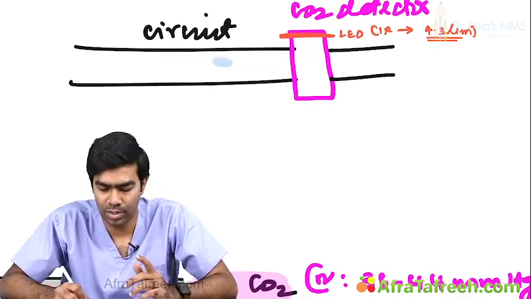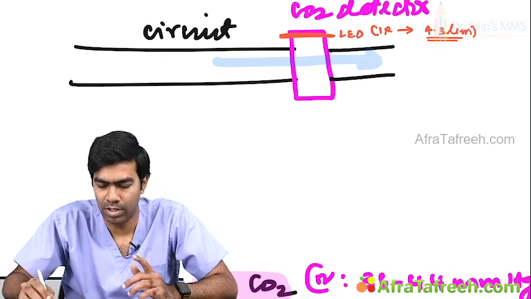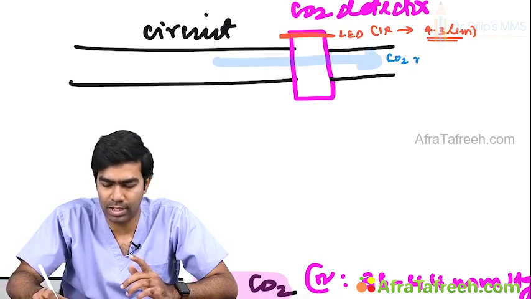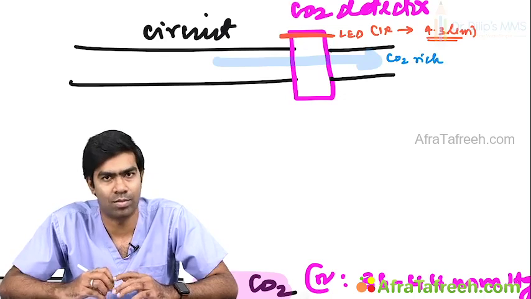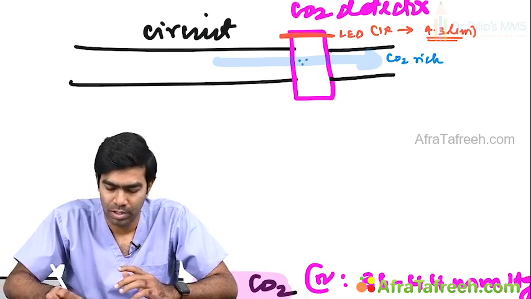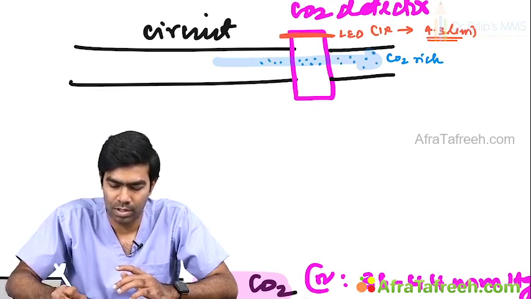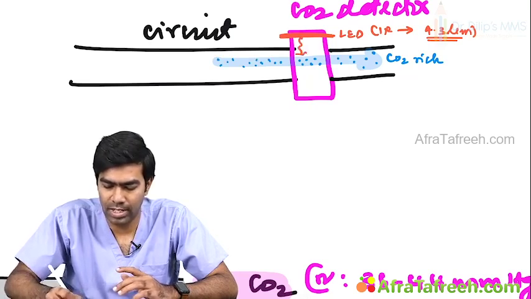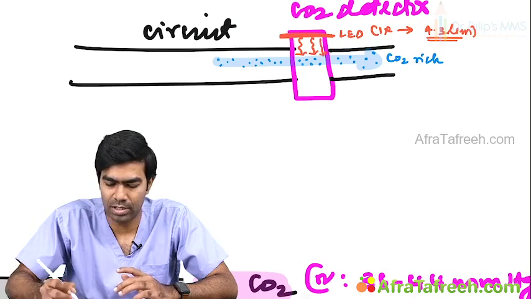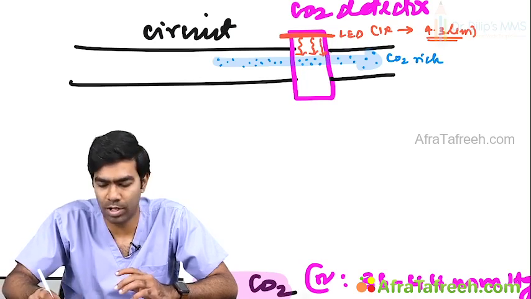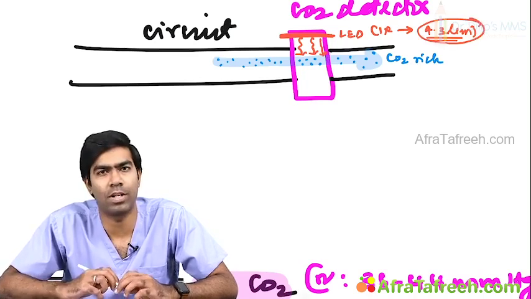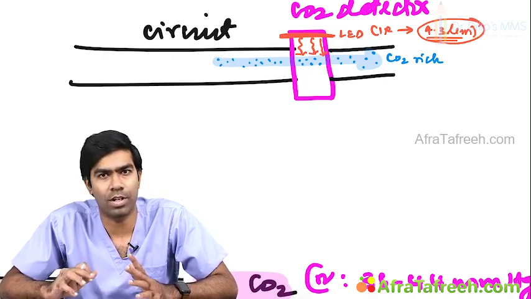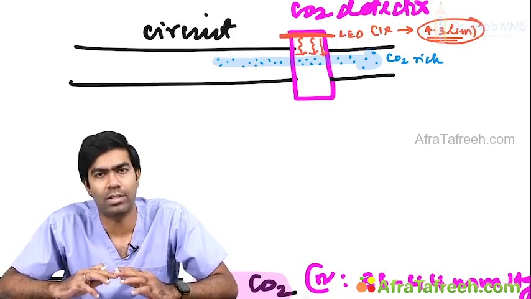Let us assume this patient is exhaling now. You know this exhaling gas will be CO2 rich most of the time. So let us assume they contain these CO2 molecules. The light emitted by this LED is 4.3 micrometer, and specifically 4.3 micrometer because carbon dioxide molecules absorb this particular wavelength.